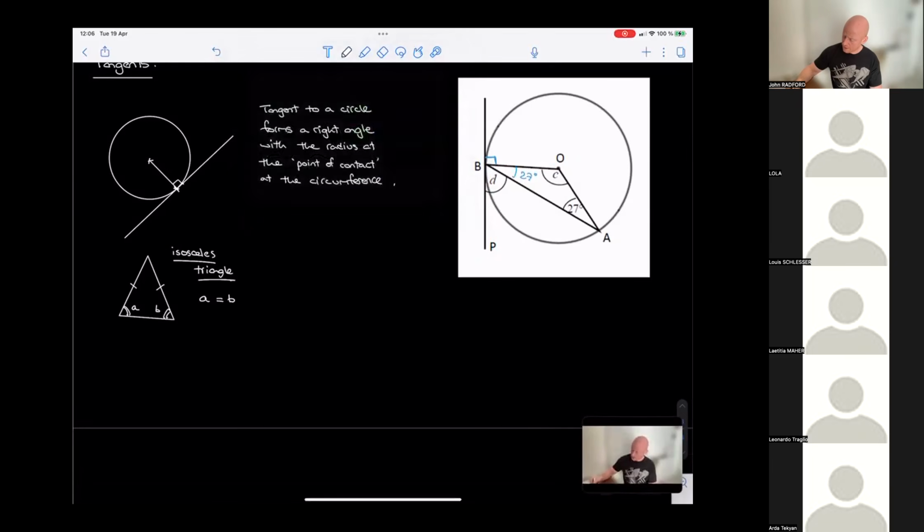So OBP equals 90 degrees, so D plus 27 equals 90 degrees. Consequently, D has to be equal to 90 degrees minus 27 degrees. Therefore, D is equal to 63 degrees.